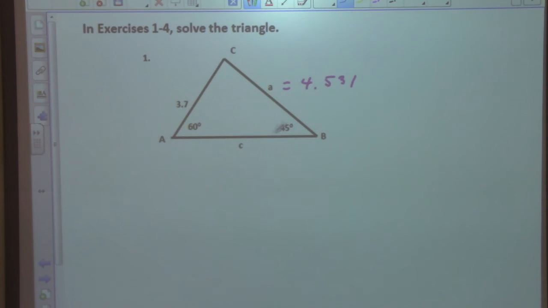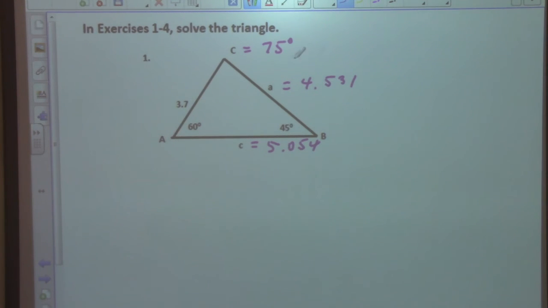And C equals 5.054. And this angle C up here, 75 degrees. Okay, did everybody get that, or do you have questions about that?